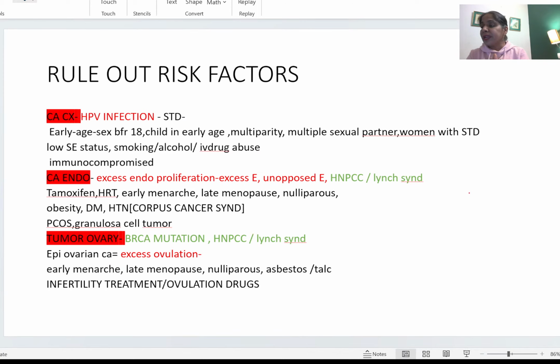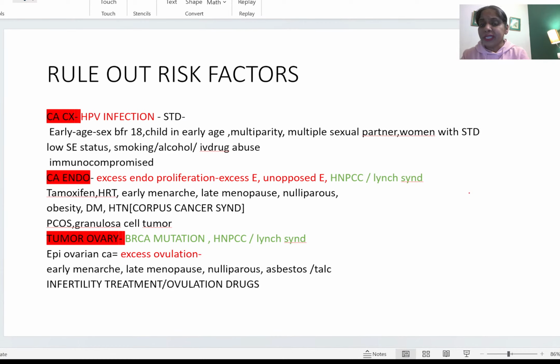Women with STDs also have chances of HPV. Then low socioeconomic status, smoking, alcohol, and IV drug abuse all increase the chances. So these all are the risk factors.